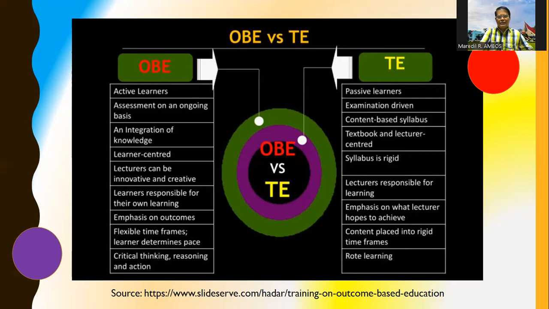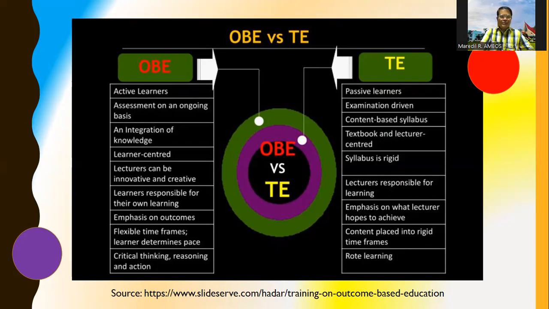In traditional education, the syllabus is very rigid, and lecturers are responsible for learning. In outcome-based, learners are responsible for their own learning.